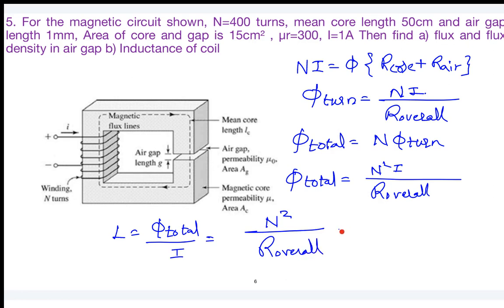So N square is equal to 400 into 400, divided by the overall reluctance. What is the overall reluctance you are getting? You can see here 88.42 plus 530.515, into 10 power 3.